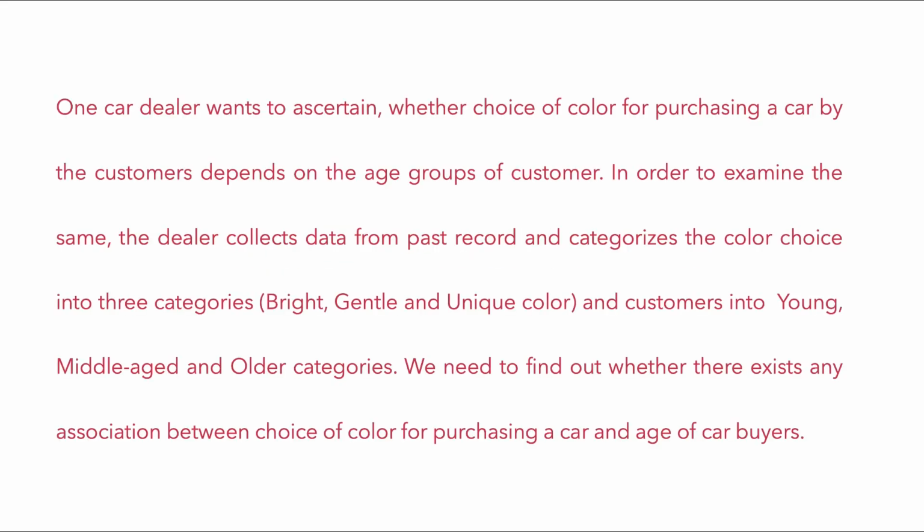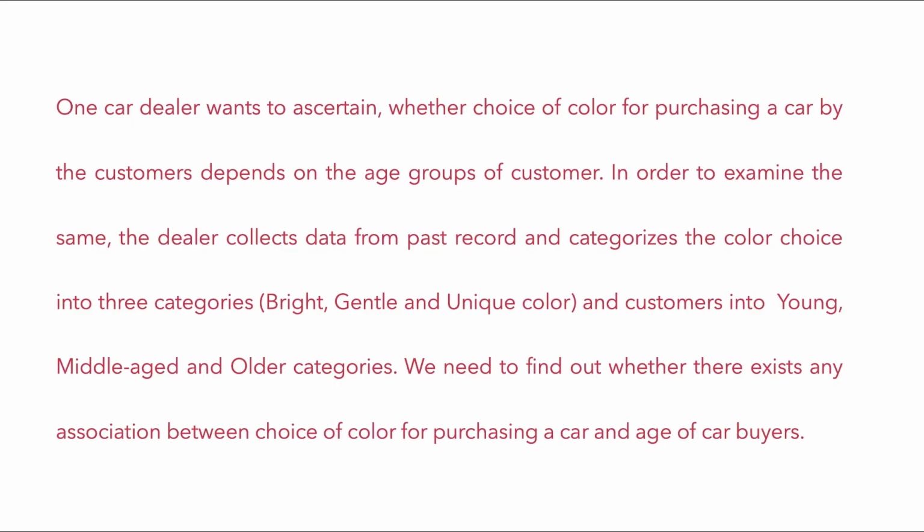Let us take a hypothetical example. One car dealer wants to ascertain whether the choice of color for purchasing a car by the customers depends upon the age group of customers.